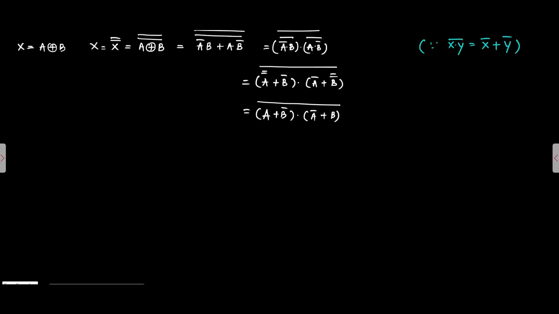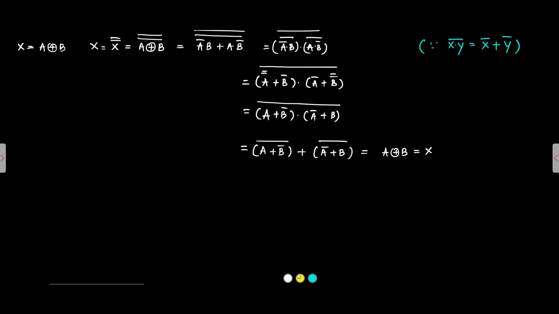So now we have A or B bar, and A bar or B, whole complement. Again we'll apply De Morgan's theorem, this one, to get the expression (A or B bar) whole complement or (A bar or B) whole complement. This is A XOR B, which is equal to X.